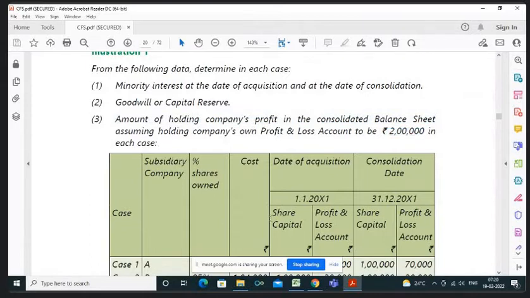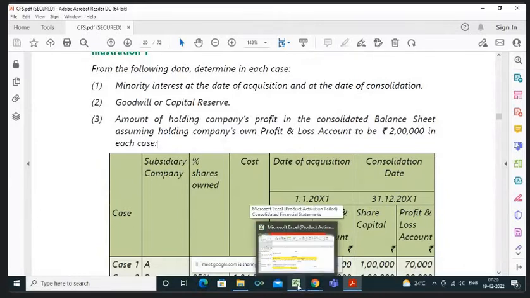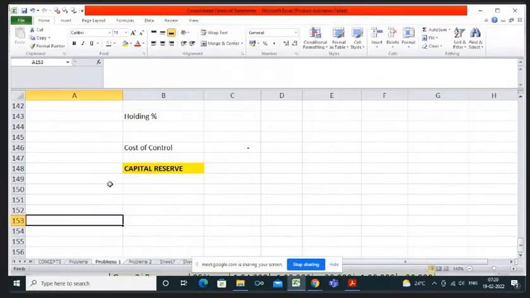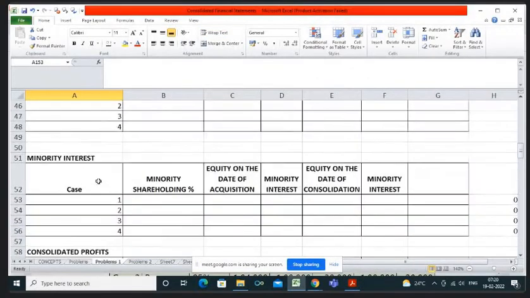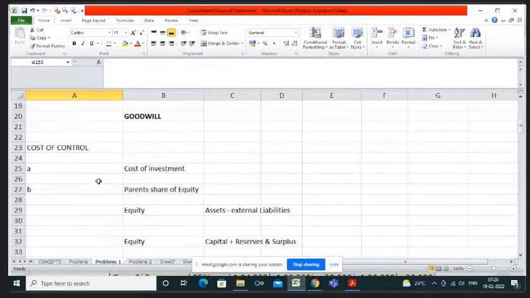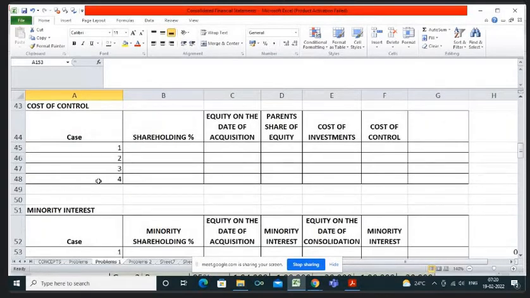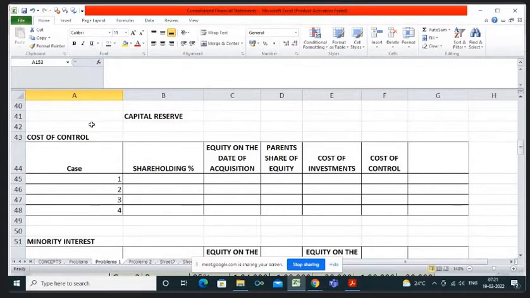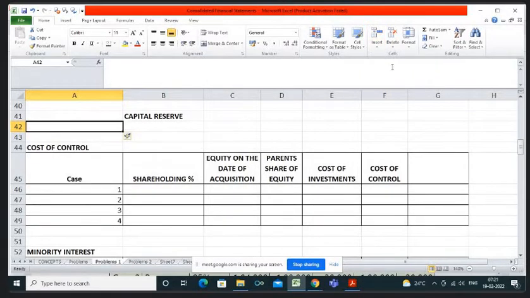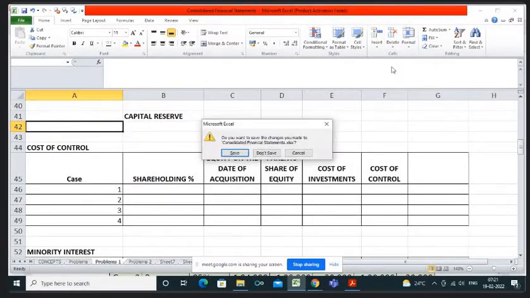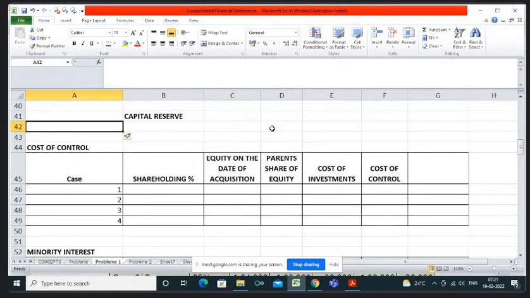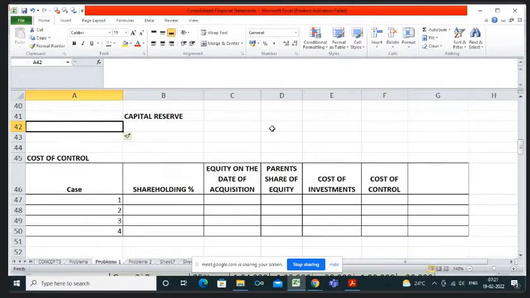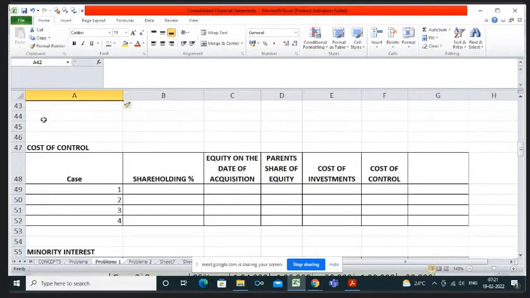So now we will work out the problem. We have to take this table and prepare a table like so.